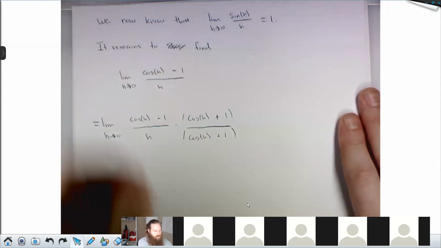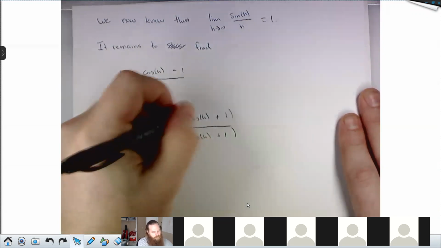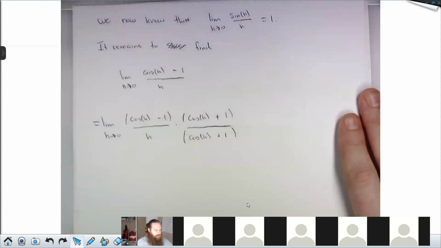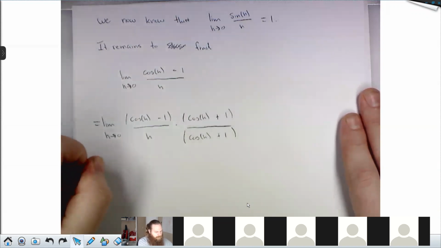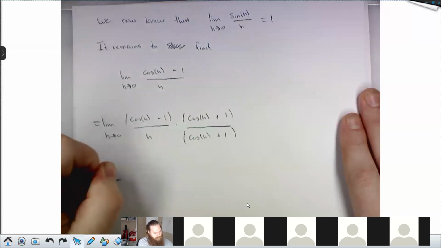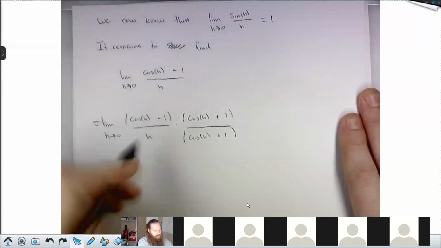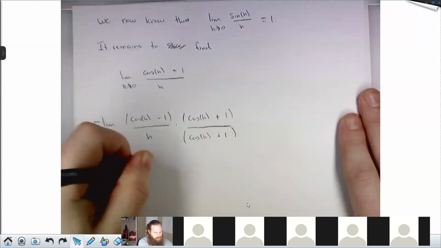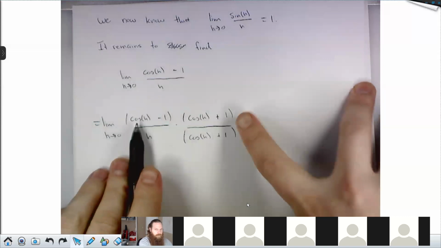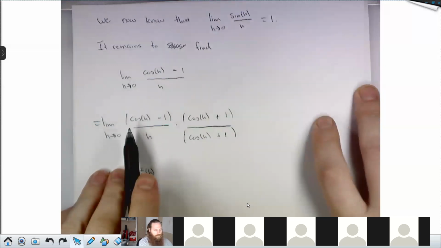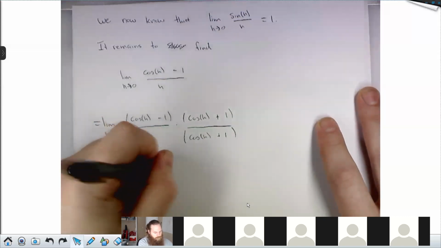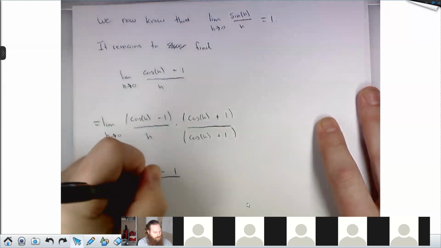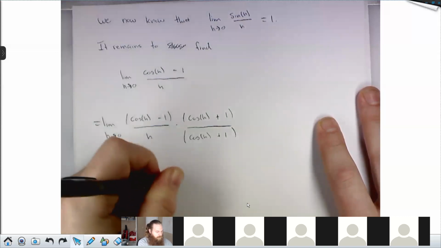We've seen these sort of tricks in taking limits before, just not with trig functions, usually with square roots. But when I multiply these across, upstairs, something nice will happen. I'll have cos h times cos h, which is cos squared h. And then plus cos h minus cos h, those will cancel. So I have cos squared h minus 1 all over h times cos h plus 1.